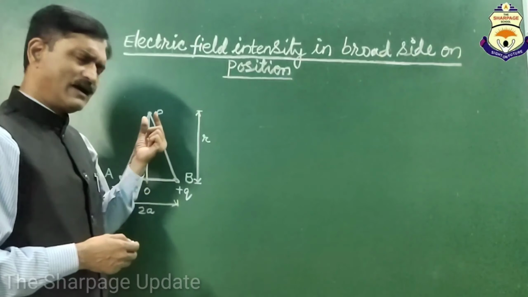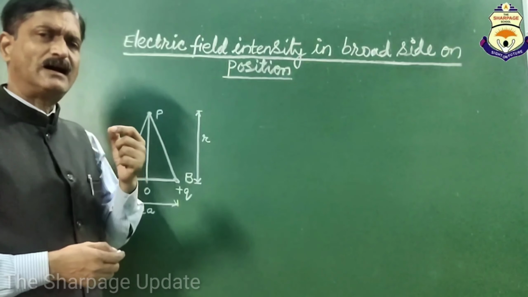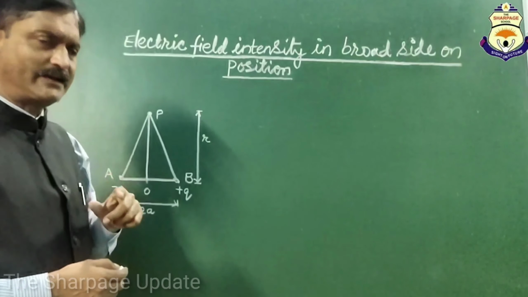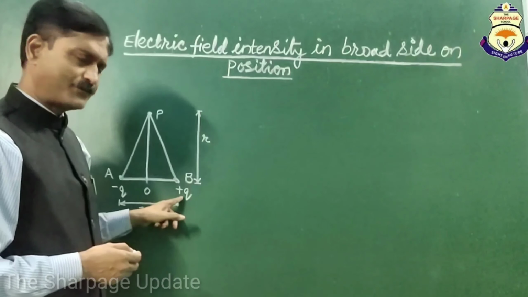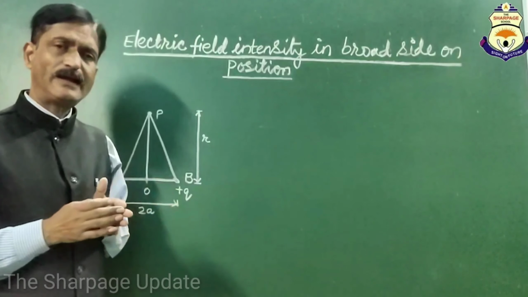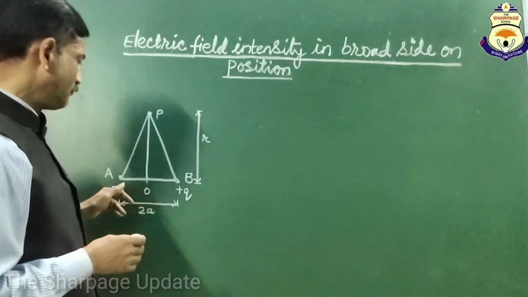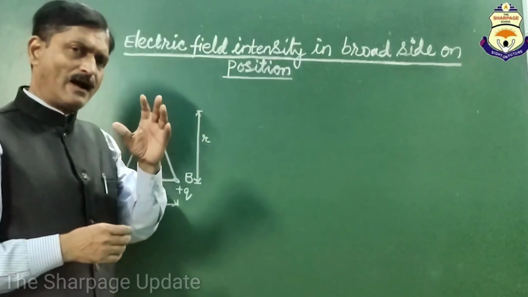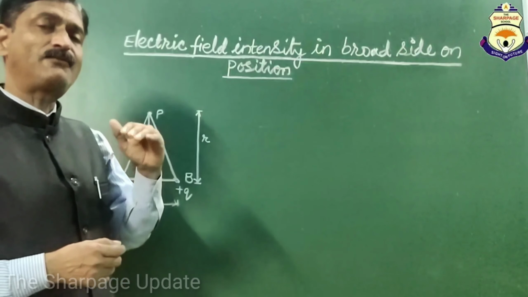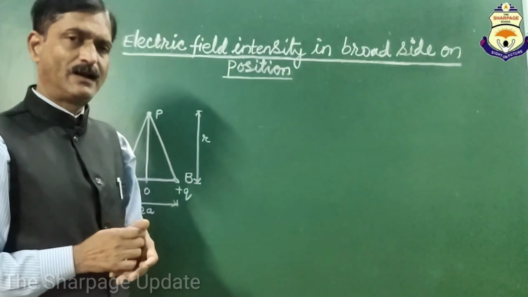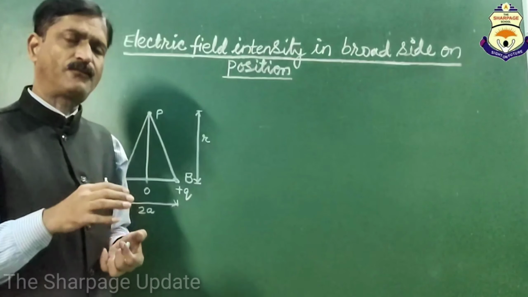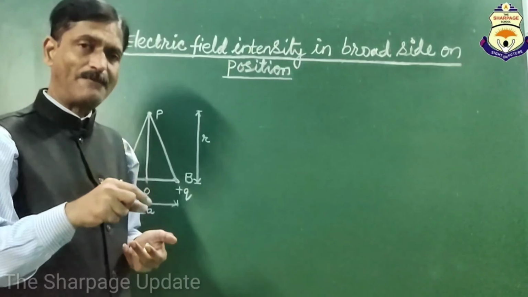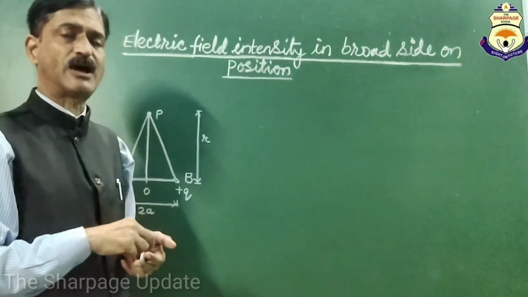Let E1 be the electric field intensity due to plus Q charge, and E2 the electric field intensity due to minus Q charge. Friends, as I have told you in previous videos, at the point where we have to find the electric field intensity, we have to keep a unit positive test charge.